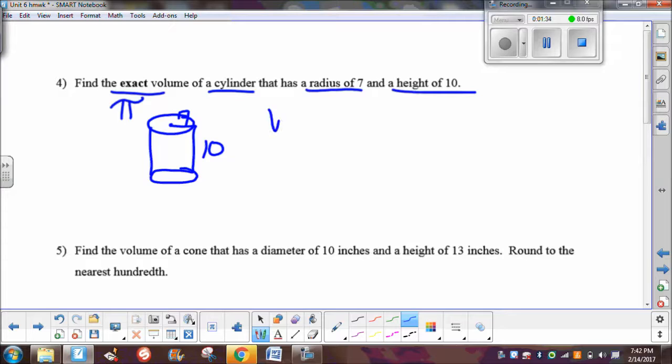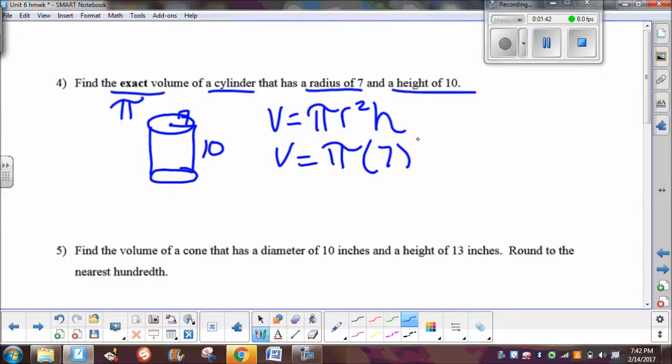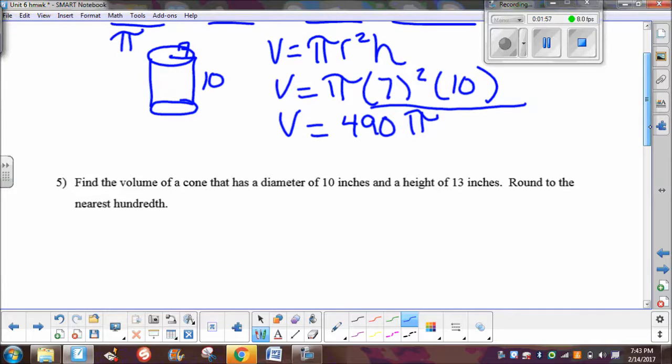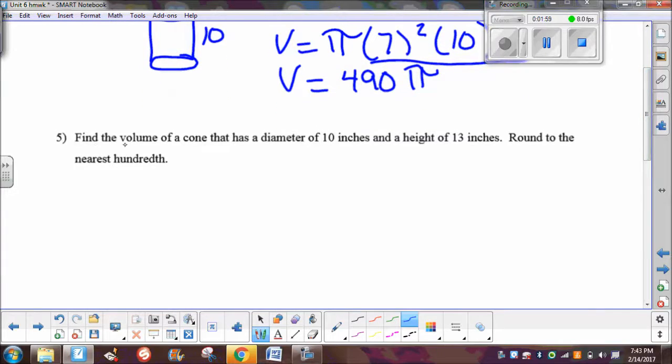So volume formula for a cylinder, volume equals pi r squared h. Volume equals pi 7 squared times 10. So volume equals 490 pi. Okay, you're going to go to your calculator for that. And because it said exact, 490 pi.